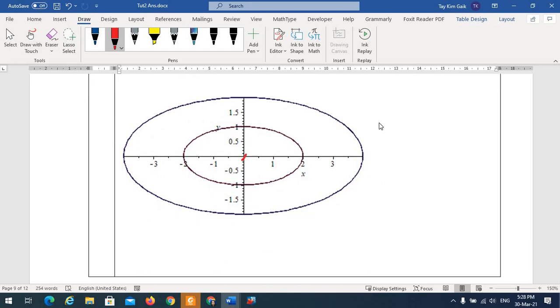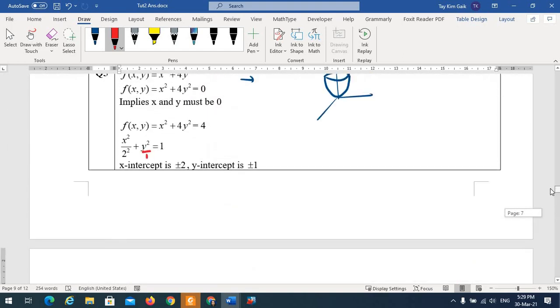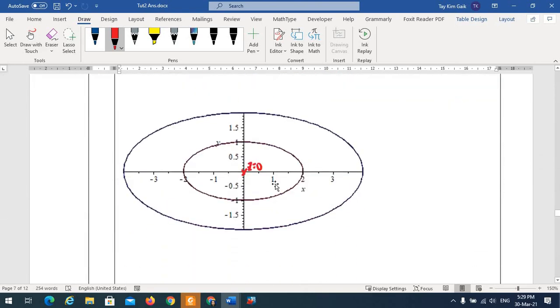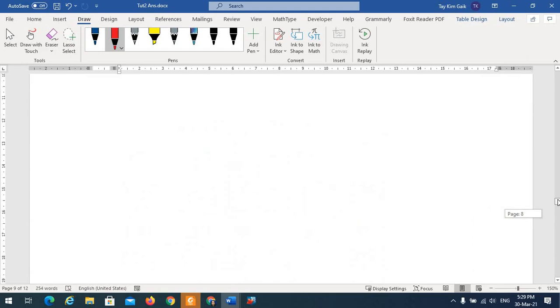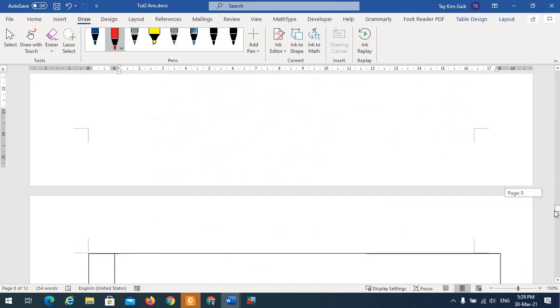Then for z = 4, the x-intercept is plus or minus 2 and the y-intercept is plus or minus 1. Then this is z = 16, the x-intercept is plus or minus 4 and the y-intercept is plus or minus 2.